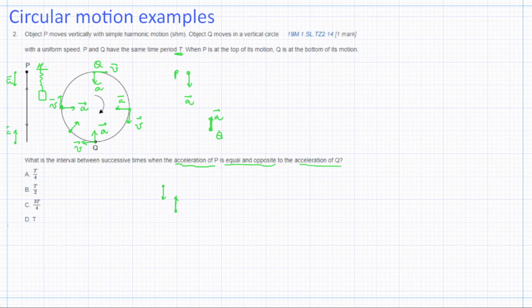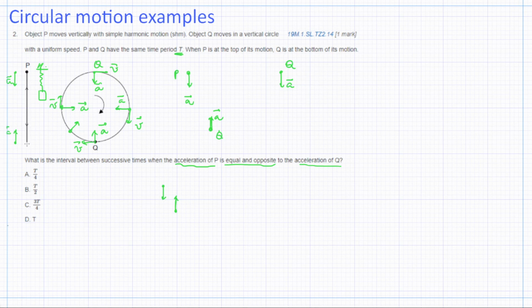And then while this point is going up, the only other point that we have to check really is here. And when this point Q is all the way to the top, its acceleration will be pointing down. What's going to happen with point P? Well, if this is a mass on a spring, the spring would be completely stretched, and we would be expecting some force upwards, some acceleration upwards.